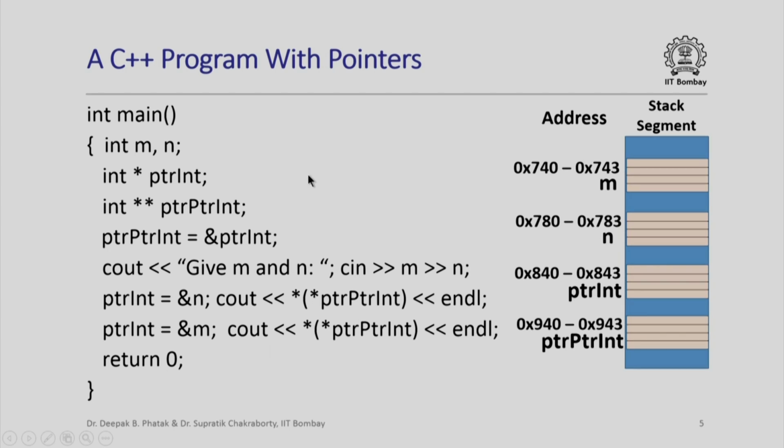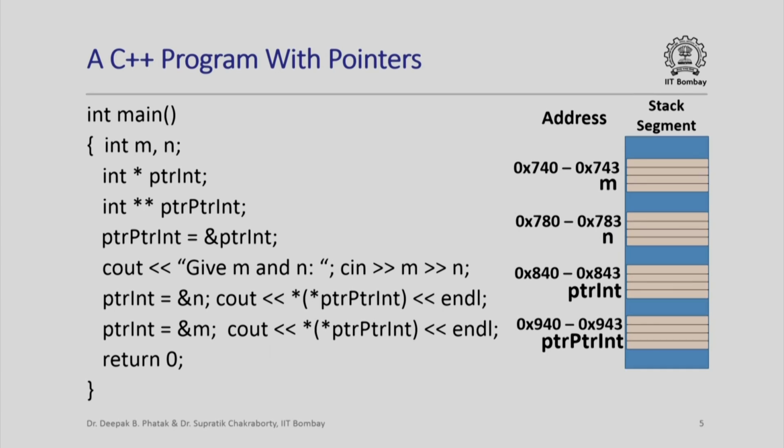Similarly for n, which is also an integer, we have allocated 4 locations, and these could be the 4 consecutive addresses for them. Note that I am writing all the addresses in hexadecimal. Finally, I have pointer int, which is going to store an address of an integer.